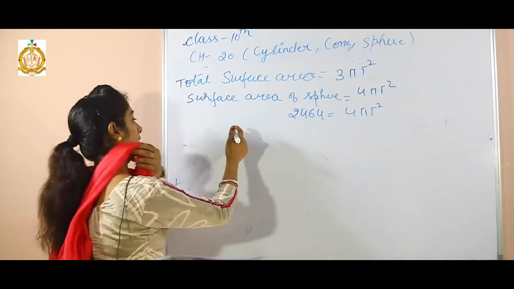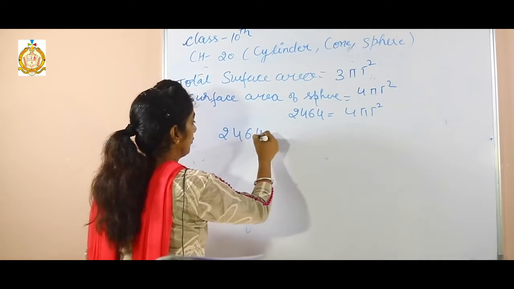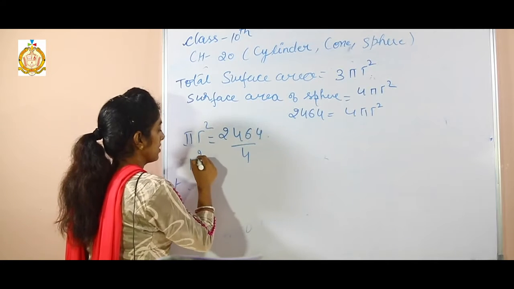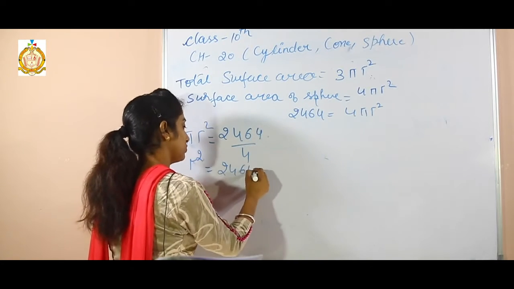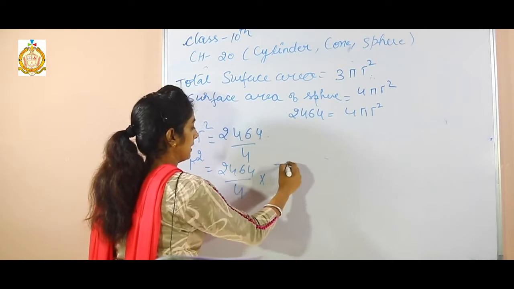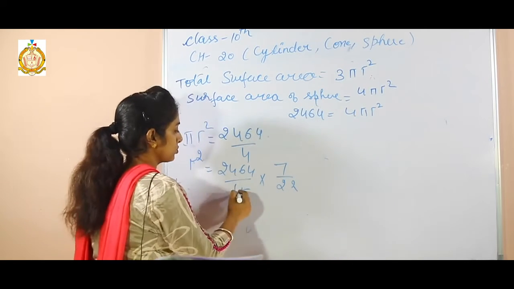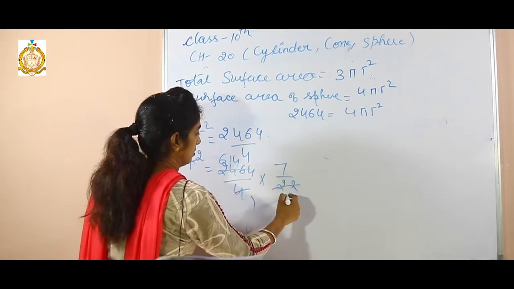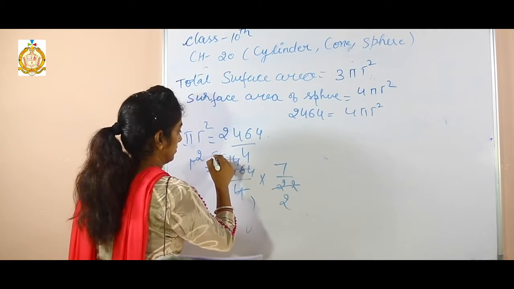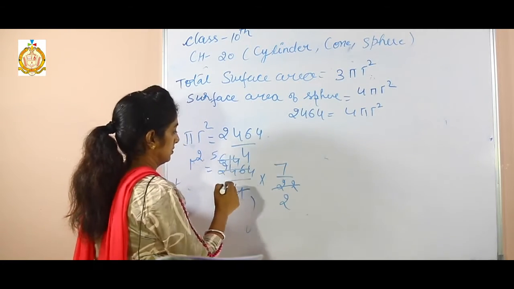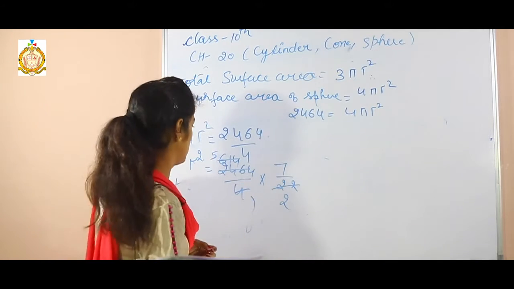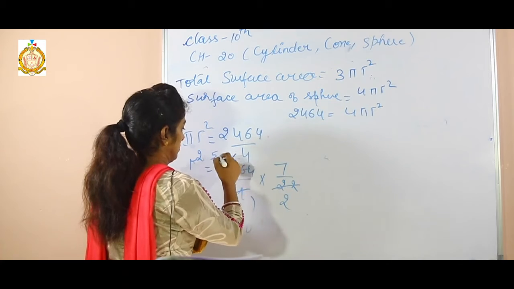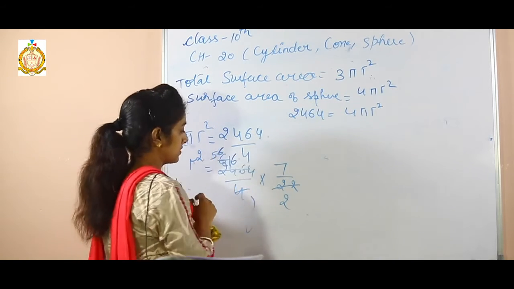Now see, we take the 4 to that side and pi r square on the same side. Now r square is equal to 2464 over 4, multiplied by 7/22. 4 ones are 4.